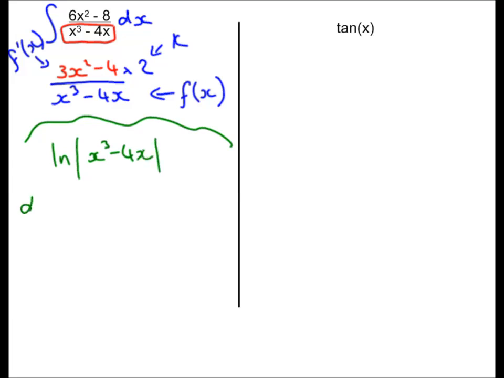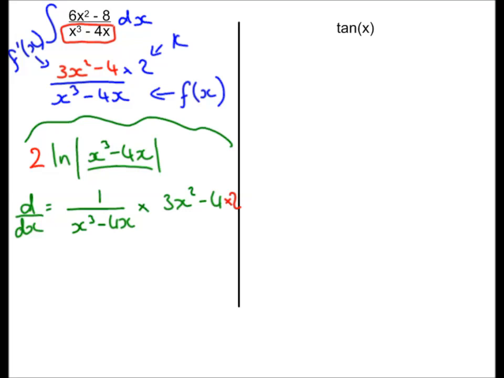Well, when I differentiate that, I'm going to get 1 over x cubed minus 4x times by what I get when I differentiate x cubed minus 4x, which is 3x squared minus 4. I don't want just this, I want 6x squared minus 8 on the top, so I need to times by 2. To get that times 2 in my answer, I need a times 2 in my question.